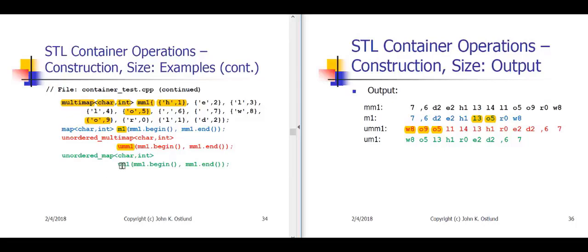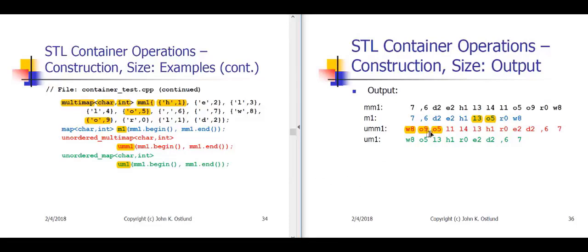Then finally, on slide 34, we have UM1, our unordered map that we're constructing from the multimap MM1. And this contains the same pairs as the multimap, except that duplicate keys are not allowed.